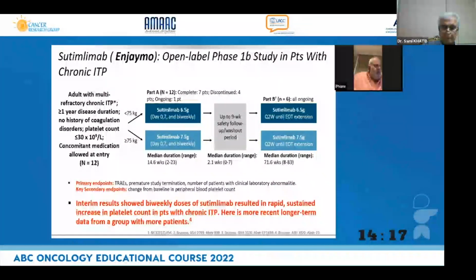The third part, or part B, continues the treatment with a median range of 71 weeks.